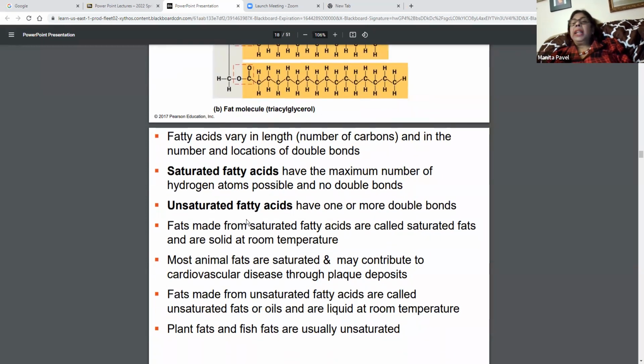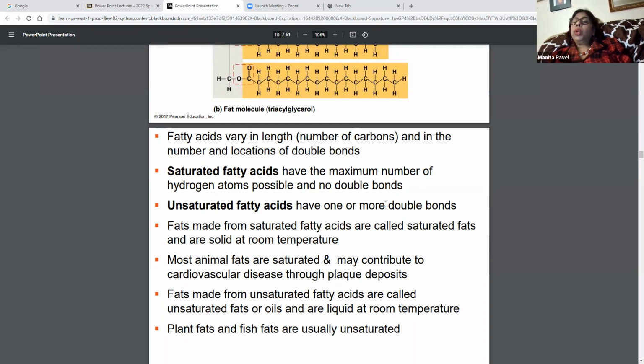Fatty acids are of 2 types: saturated fatty acids and unsaturated fatty acids. What is a saturated fatty acid? It's a fatty acid that has no double bonds between the carbon atoms, with a large number of hydrogen atoms attached. Unsaturated fatty acids have 1 or more double bonds between the carbon atoms.